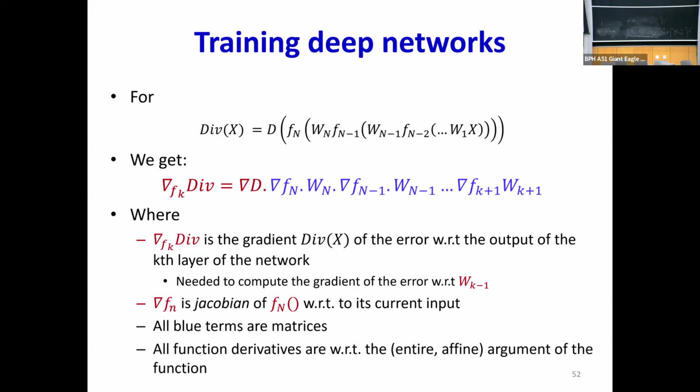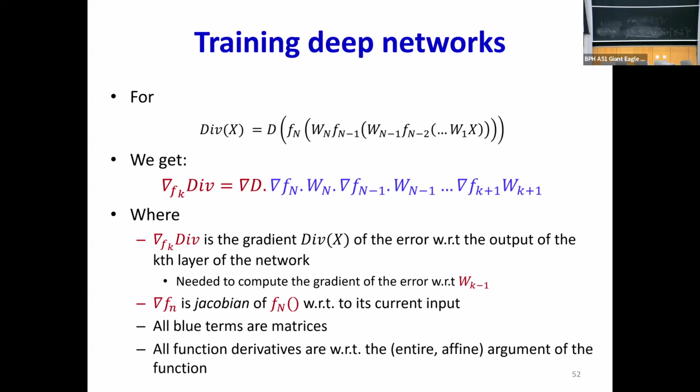We saw this many classes ago. Everybody with me? So to understand what happens to this derivative, we just have to understand how these Jacobians and these weight matrices work. You start off with the derivative. Again, these derivatives are row vectors. So you start off with the derivative of the divergence with respect to the output of the network.